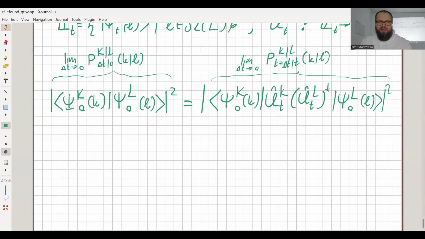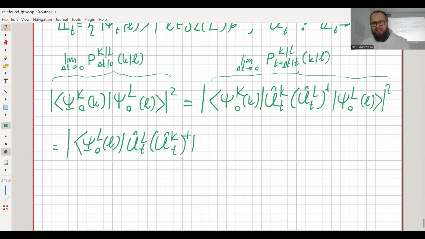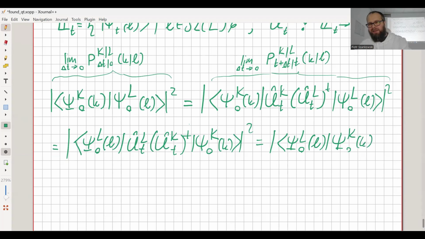It also equals, you can exchange the order of observables, so you can write L0, L, U_L(t), U_K(t) dagger, psi 0, K, K, which also equals psi L0, L, psi K0, K. Okay, and so we have this equation or system of equations, however you want to look at this.